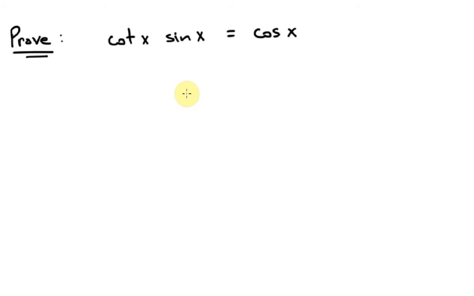Now, there's a few certain key steps in doing this. Like, you can't mix and match the two sides. You have to work them separately. So usually what happens is we draw a little line down the middle here. And then we look at them and we say, well, the right side is about as simple as it gets. I think I'm just going to leave that alone, just cos x.